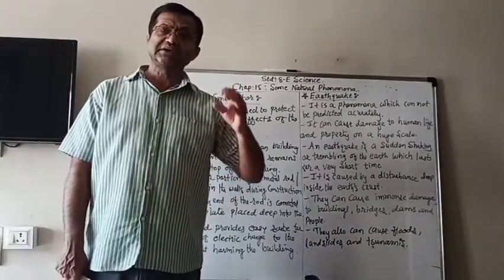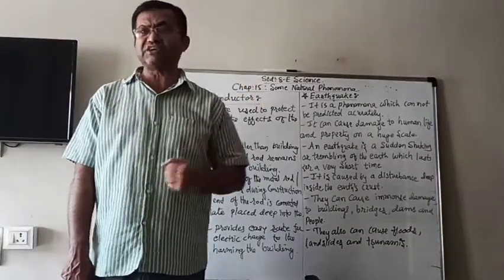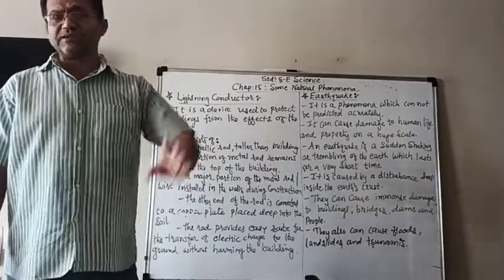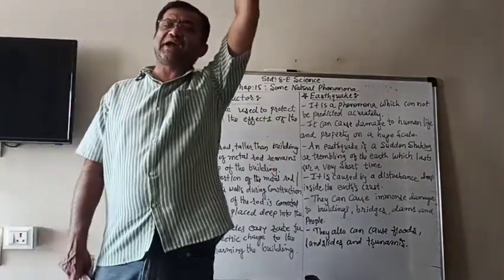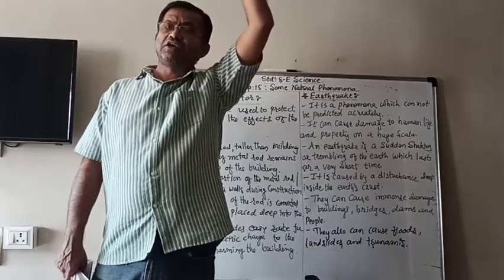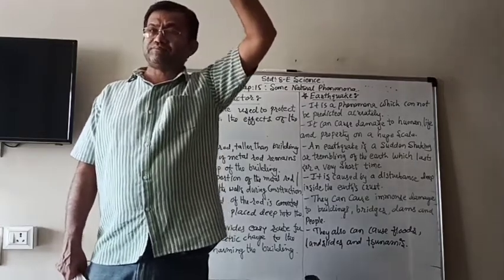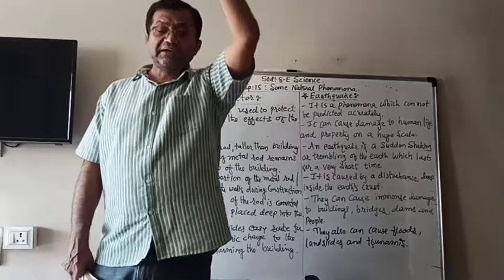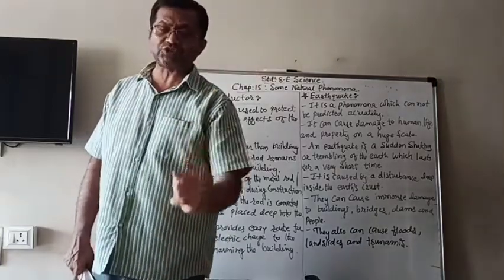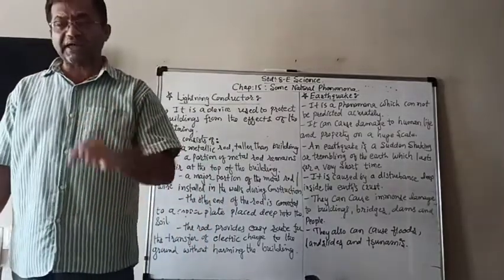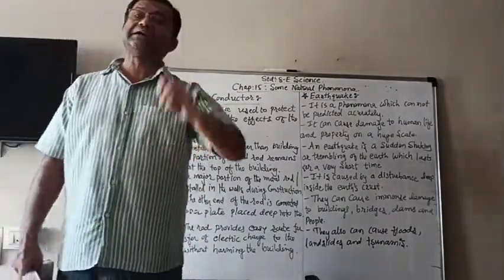When charges transfer from the cloud to the earth, because the conductor is high up in the air, lightning will first fall directly on the lightning conductor, pass through that rod to the copper plate, and go directly into the ground.